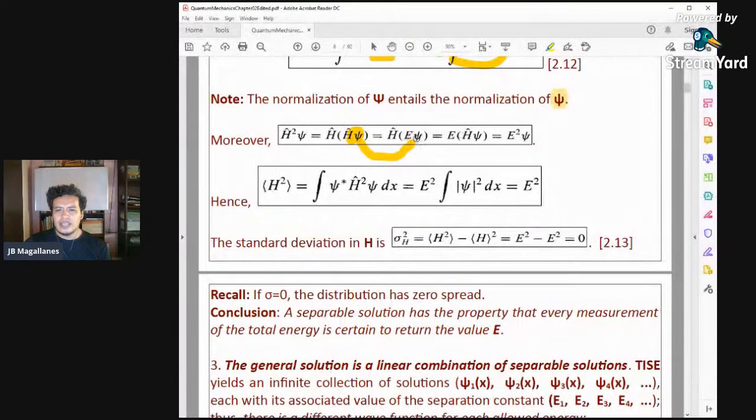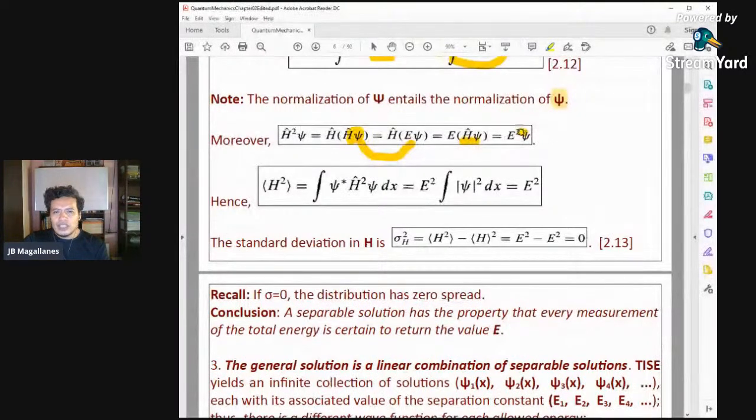You can take E outside because it's a constant, and operate H hat on phi again, which is also E phi.